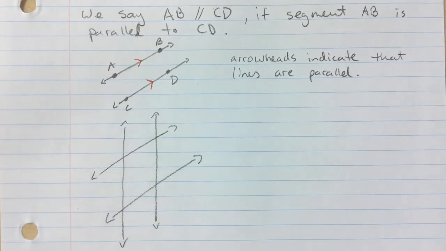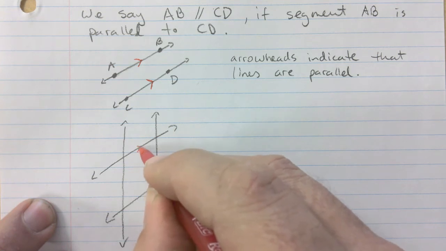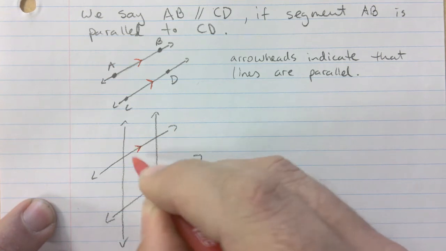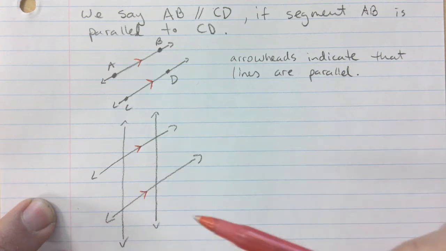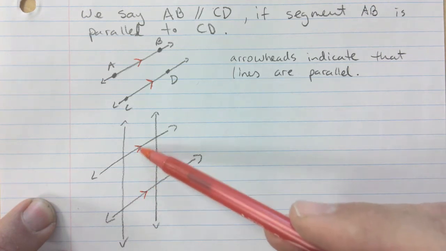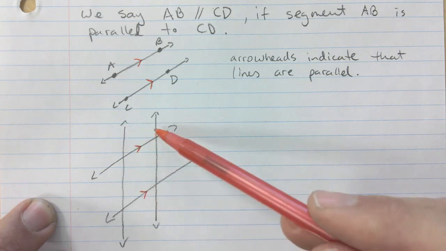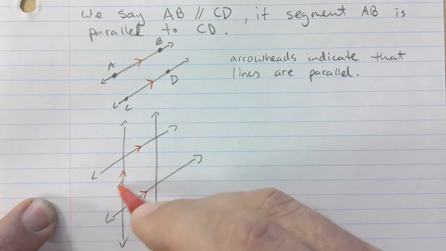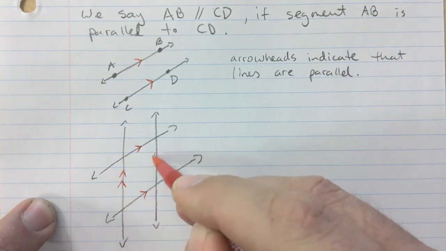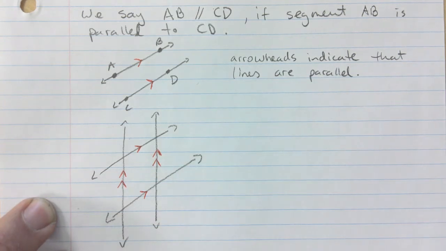But the textbooks and whatnot will have an arrowhead in the middle like this, and this tells you that these two lines are parallel. And if they're also telling you that these other lines are parallel, they would have to use two arrowheads like this.